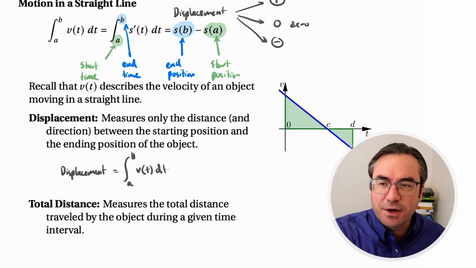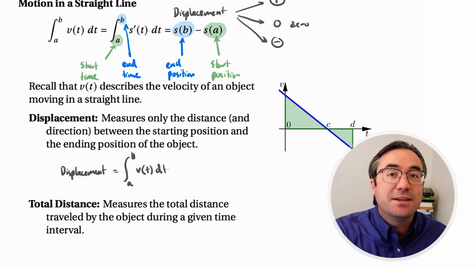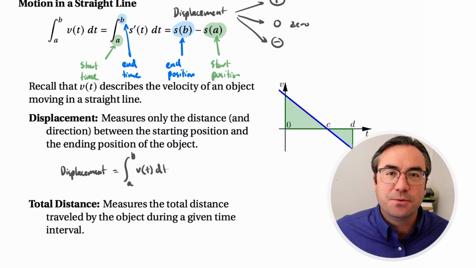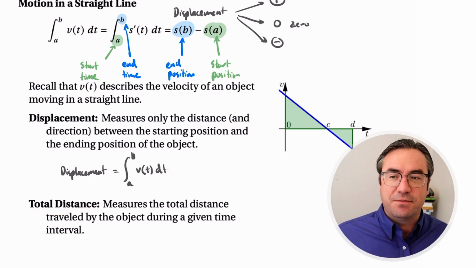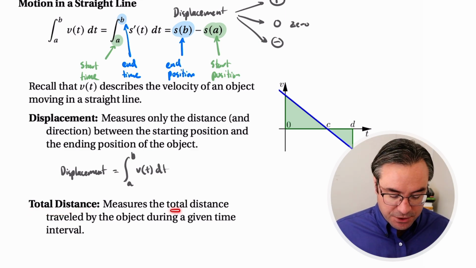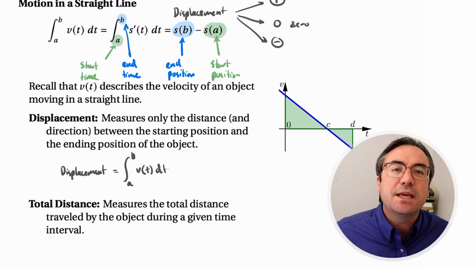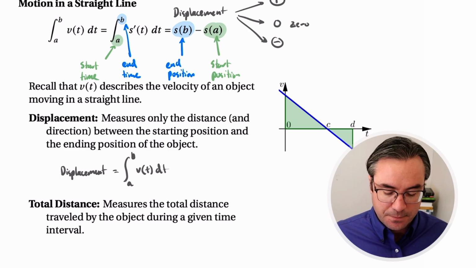If our object starts somewhere, moves around a bit, and then comes back, it doesn't tell how far it's actually traveled. So another reasonable thing to want to know is the total distance traveled. This measures the total distance traveled by our object during the time interval, and we don't keep track of the direction. We just want to know how far did it actually go.